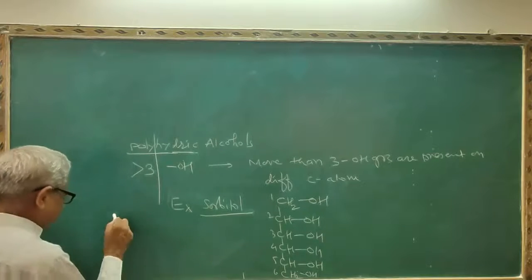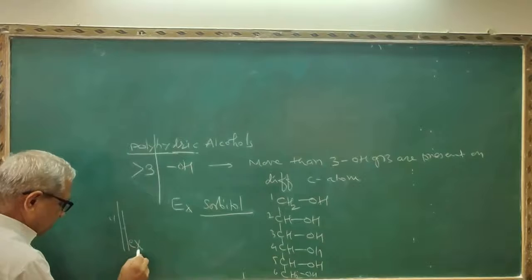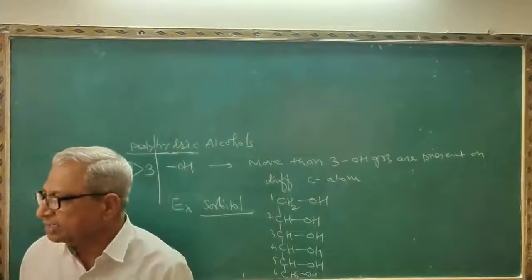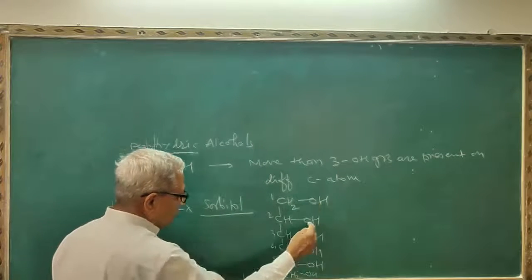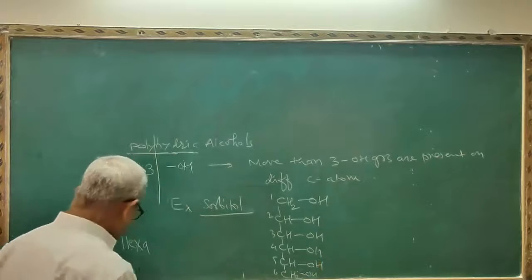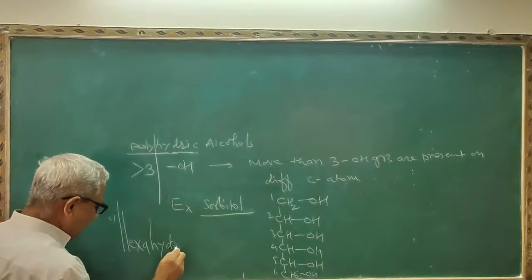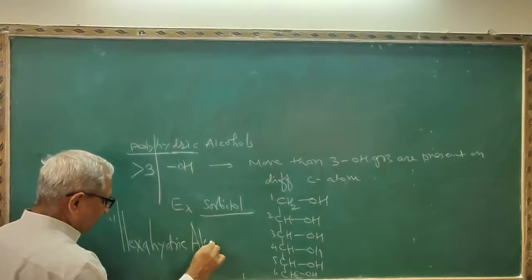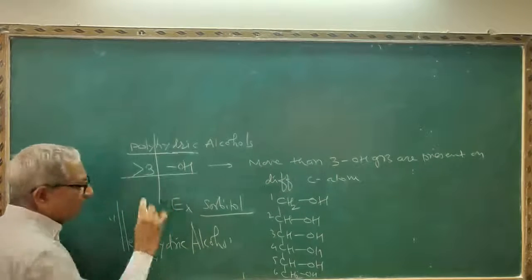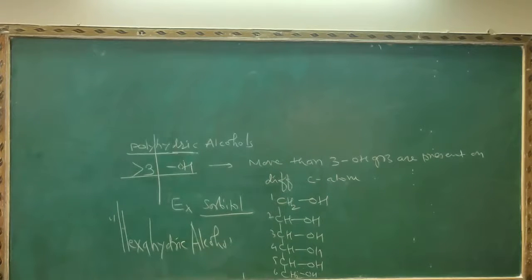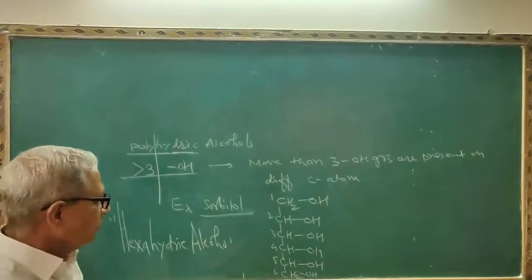This sorbitol is also known as hexa. Hexa indicates 6. Count here: 1, 2, 3, 4, 5, 6. Therefore it is hexahydric alcohol. And I gave here more than 3. 6 is greater than 3. Therefore it is a hexahydric alcohol.